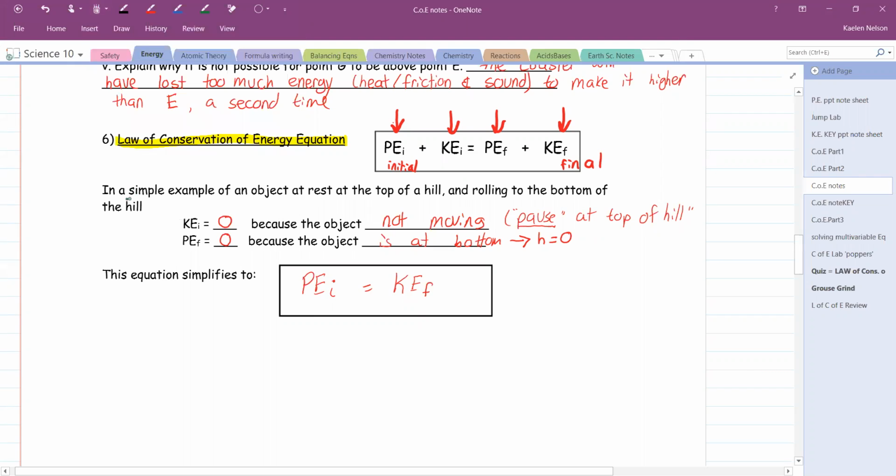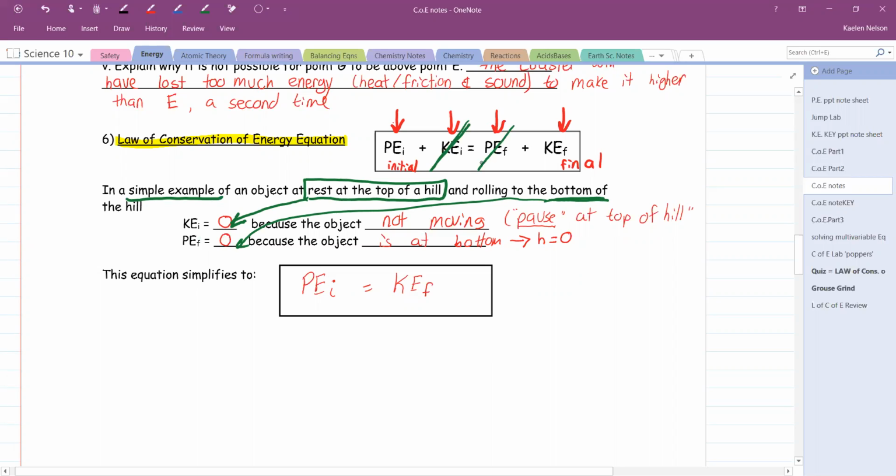However, if we take a simple example, an object at rest at the top of a hill, if it's at rest at the top of the hill, its initial kinetic energy will be 0. So this term here can be crossed out of our equation. And as it rolls to the bottom of the hill, if it's at the bottom, its final potential will also be 0, and that removes this from our equation.